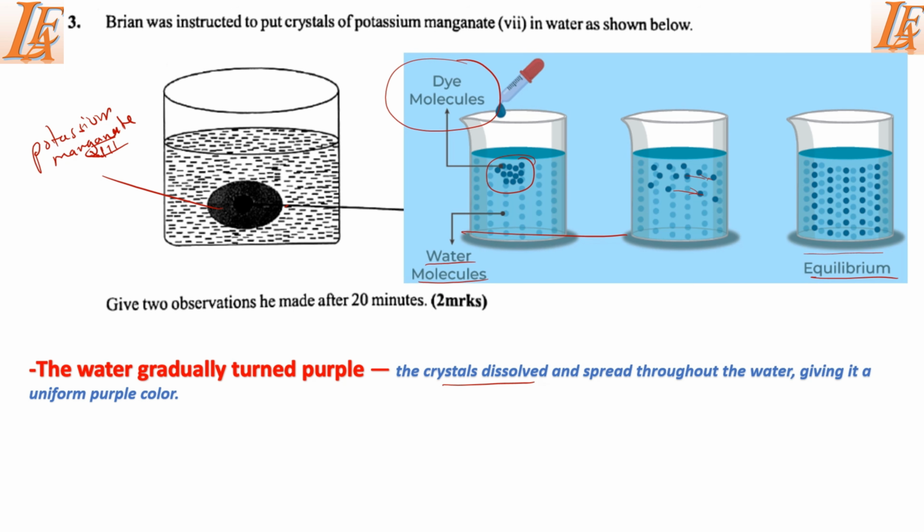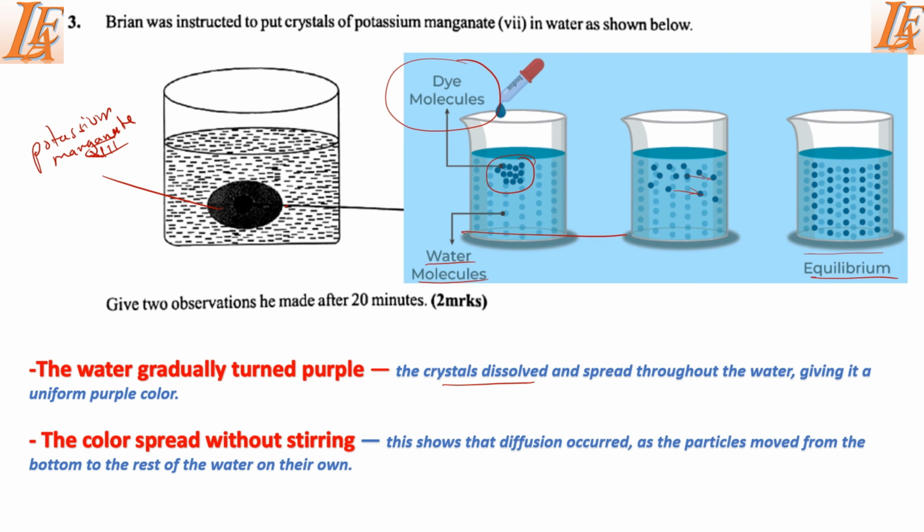The second observation that Brian made was that the color spread without stirring. No one was stirring this liquid, but the color was spreading. This confirms what we stated in the kinetic theory of matter, that matter, including liquids, is made of very small particles which are in continuous random motion.